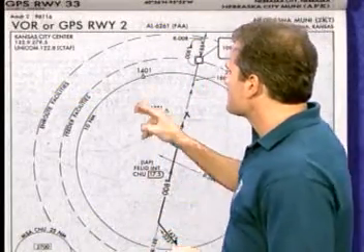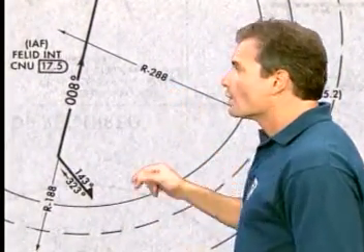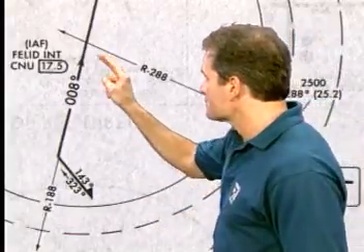Okay, let's flip over to the VOR or GPS runway 2 approach at Neodesha, Kansas. The feeder route from Oswego on this approach is the 288-degree course, which takes you to the Field intersection, the initial approach fix.